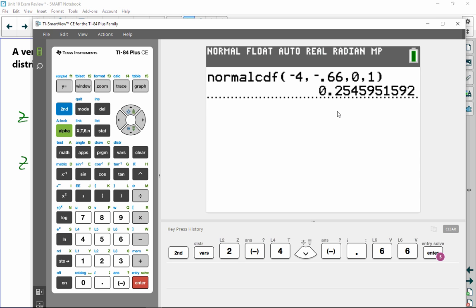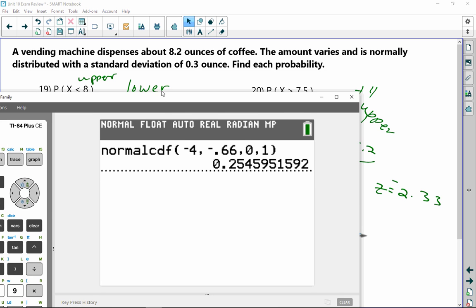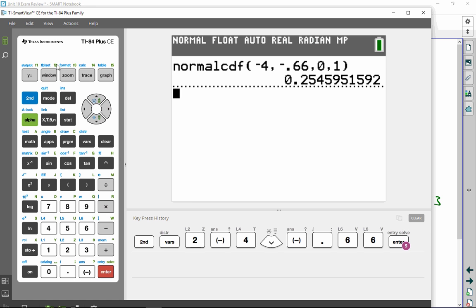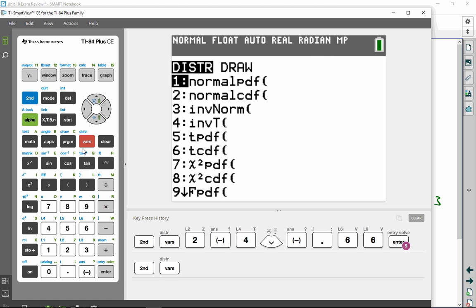The percentage, right? Yeah. Okay, so it's going to be 25.45 or 25.5. Or, I'm sorry, 25.5. Okay? Now we do it for the other side. So that's for 19.